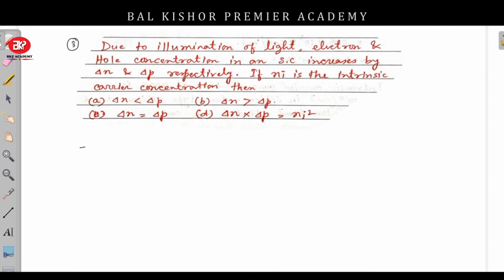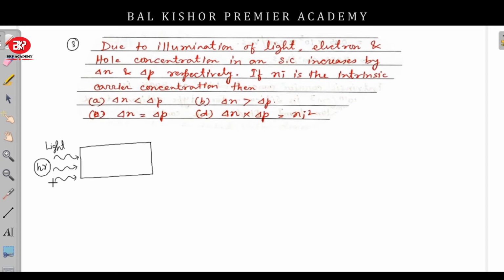That means if we have a semiconductor like this and we are illuminating this semiconductor with some light like this. If we illuminate this semiconductor with this light, so some excess light means यहाँ पे light आके गिर रहा है और light को मैं photon particles के रूप में भी देख सकता हूँ according to the wave particle duality.